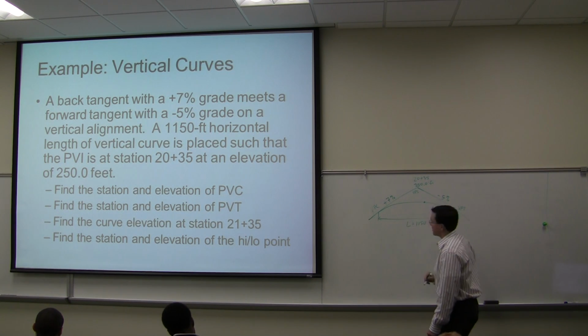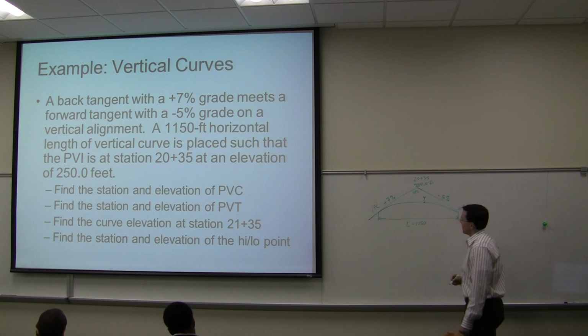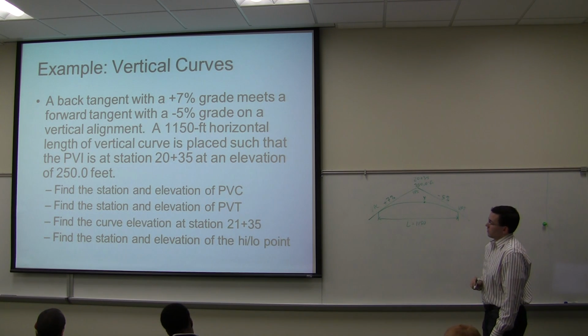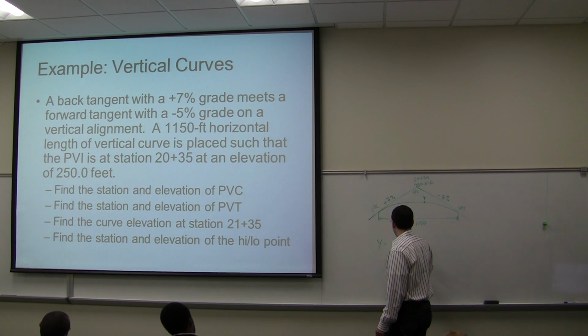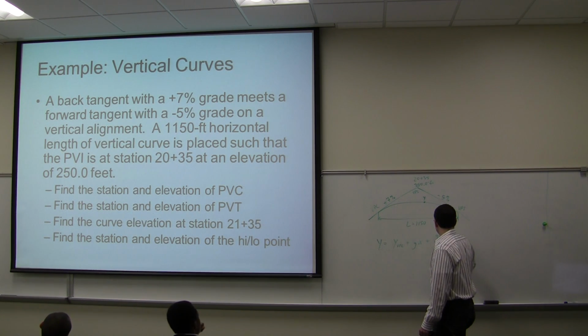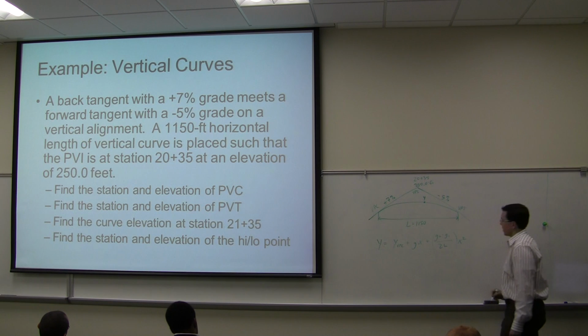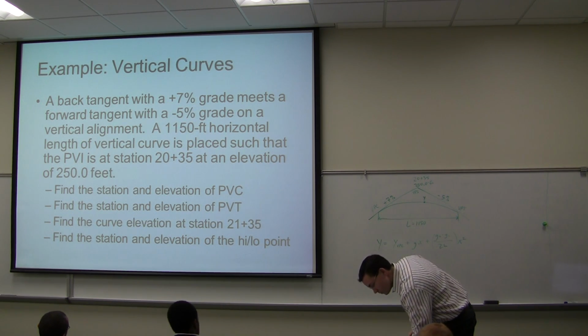So that is the station we're trying to find the elevation at. What is the elevation going to be? We've got our Y equals Y VPC plus G1 X plus G2 minus G1 over 2L times X squared. Is that right?